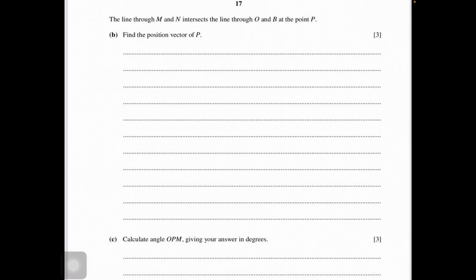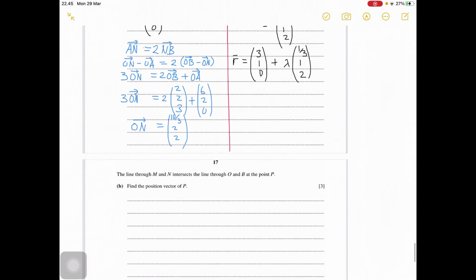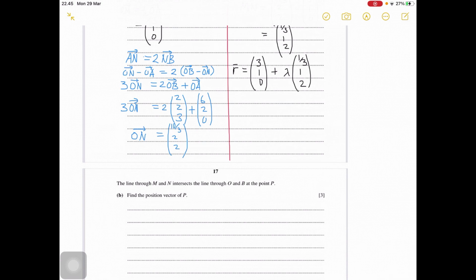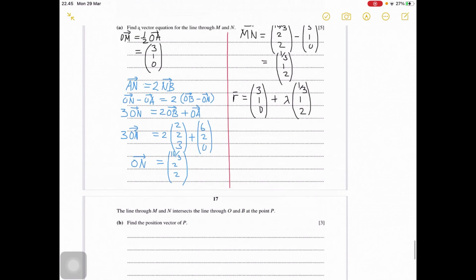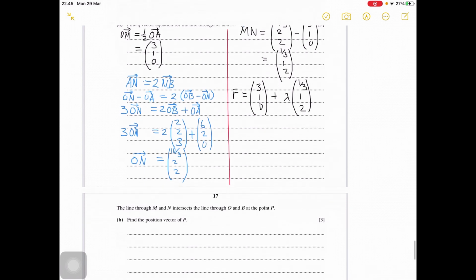B. The line through M and N intersects the line through O and B at the point P. Find the position vector of P. So we have found the line equation that passes through M and N from our previous answer.